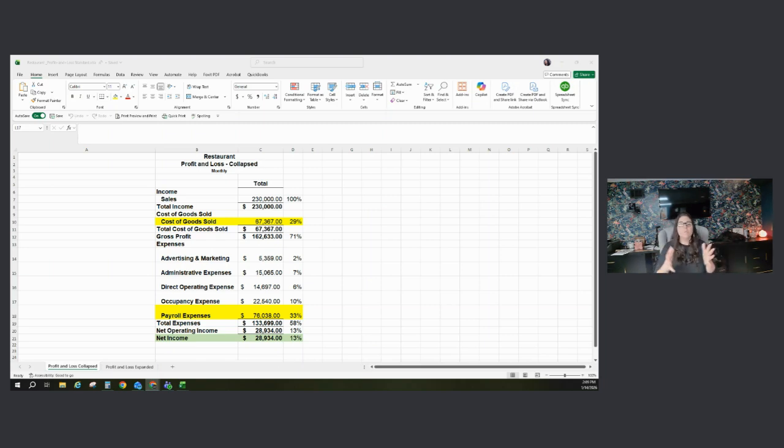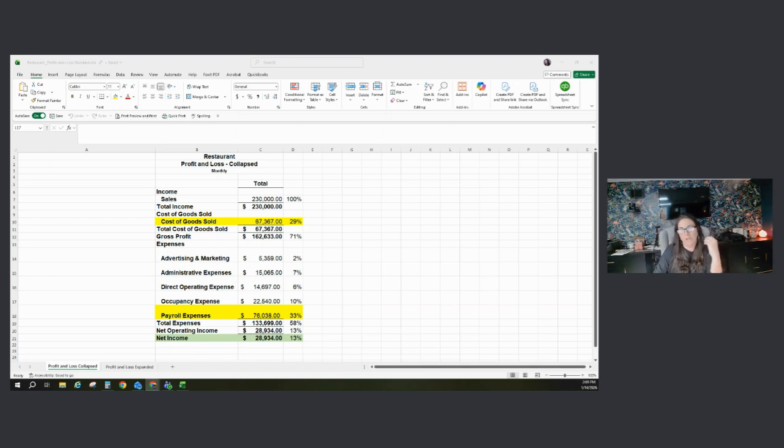So it's an easier model to look at and to understand where you're leaking the money and where you need to focus your energy and your time and your research and experience on fixing. It makes everything so much easier.